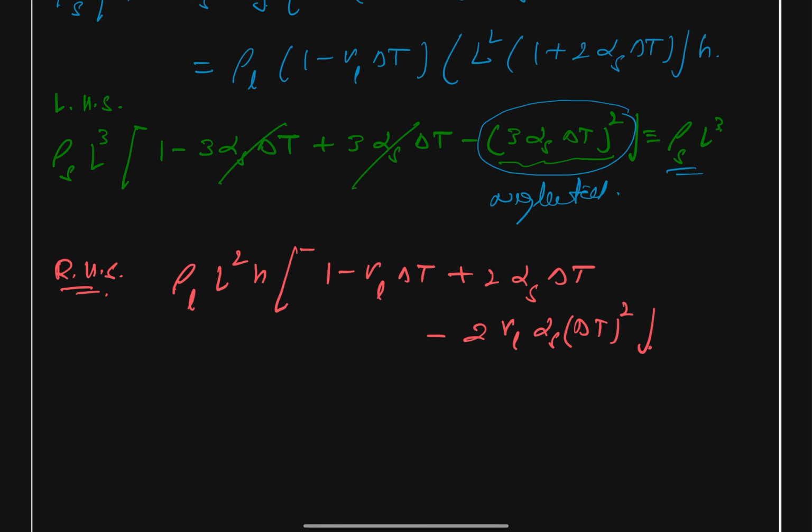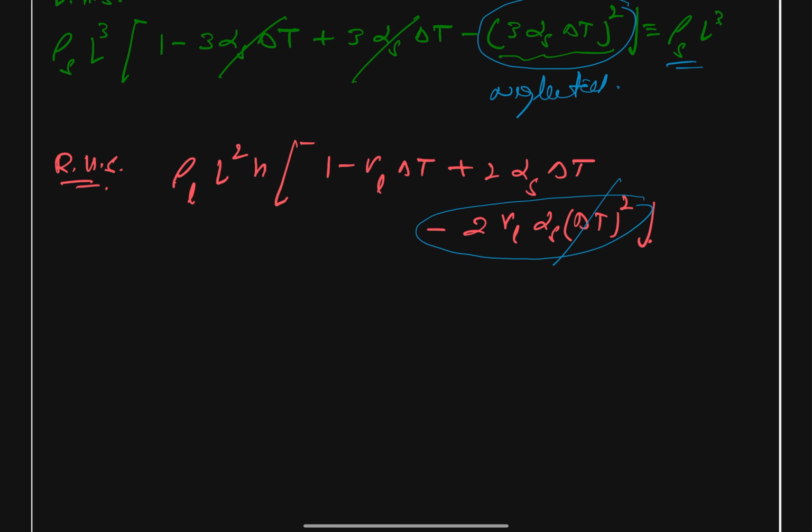Once again, this term we are going to neglect. So our right hand side will be rho L square times H times (1 minus gamma L delta T plus twice alpha S multiplied by delta T).